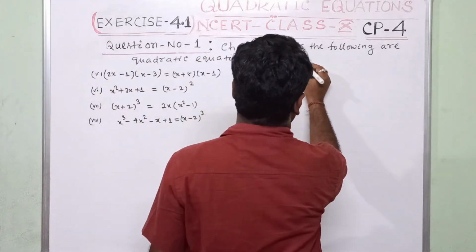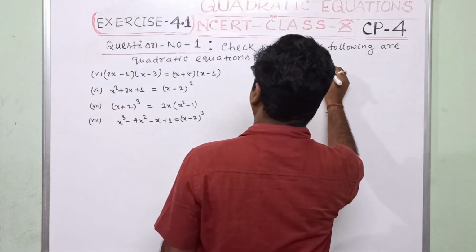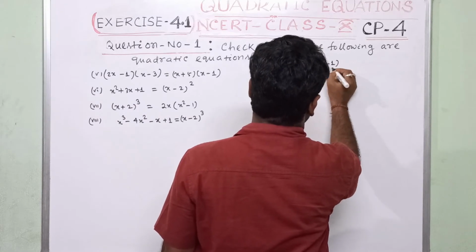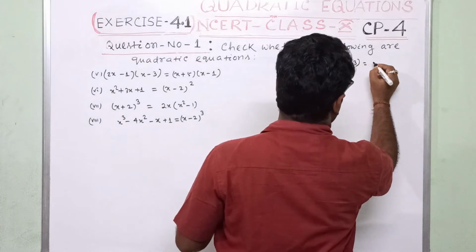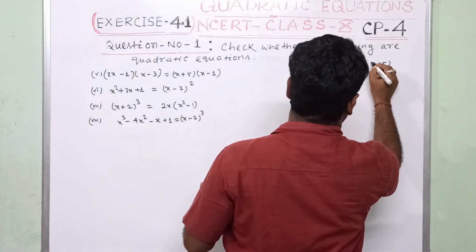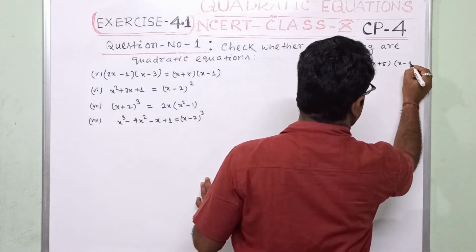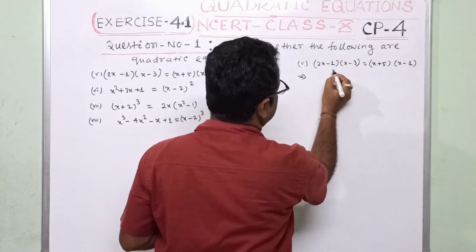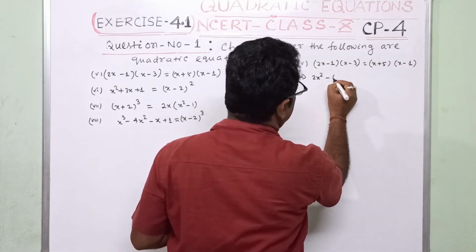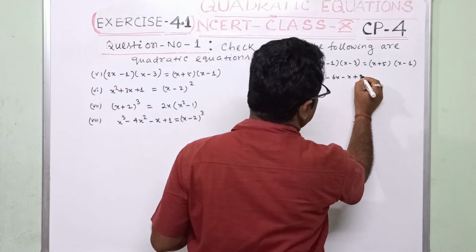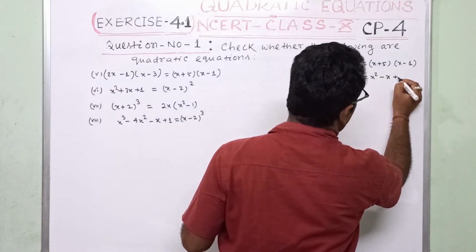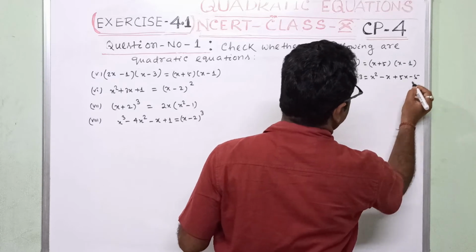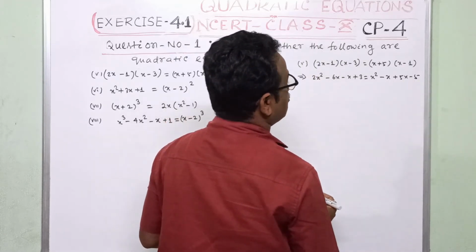Bit 5. Given (2x minus 1) into (x minus 3) is equal to (x plus 5) into (x minus 1). That implies 2x square minus 6x minus x plus 3 is equal to x square minus x plus 5x minus 5.